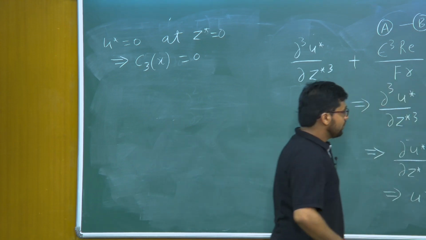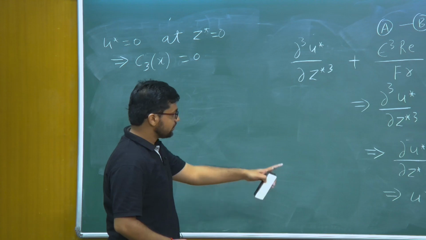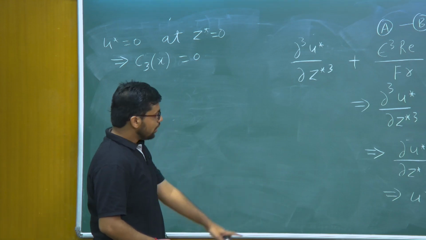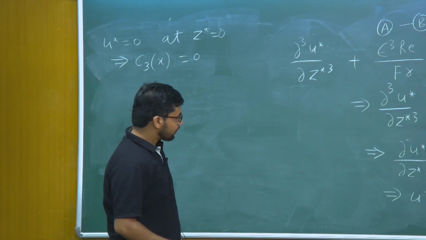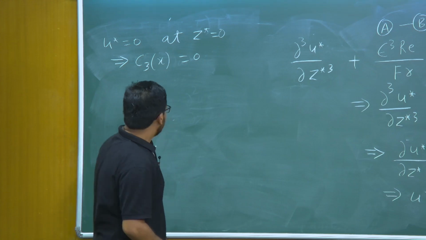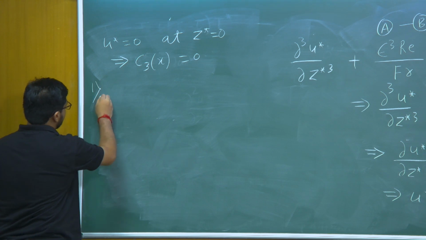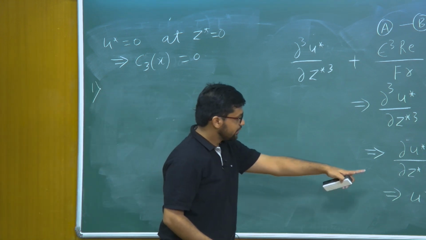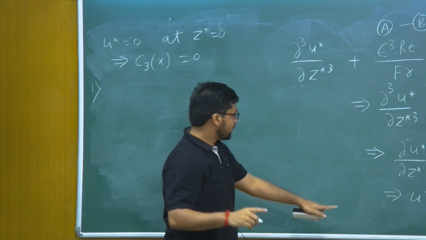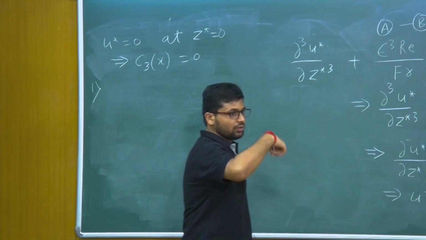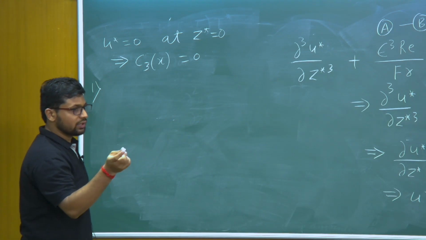Now we have 2 arbitrary constants which we need to find, C1(x) and C2(x). Although we have 2 arbitrary constants, we have only one boundary condition left for u, that is no slip on the upper wall, the corneal surface.